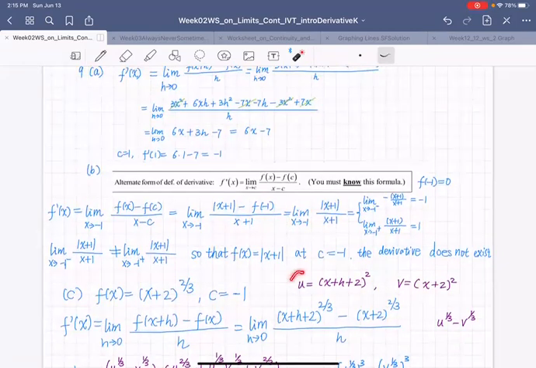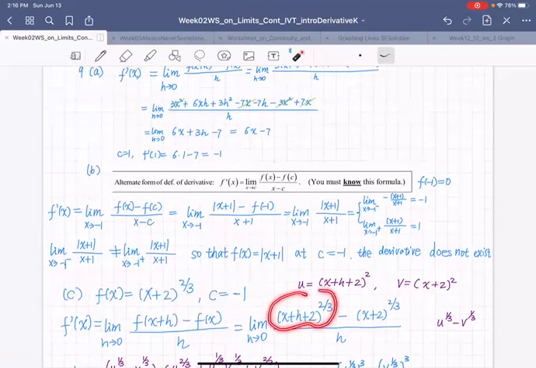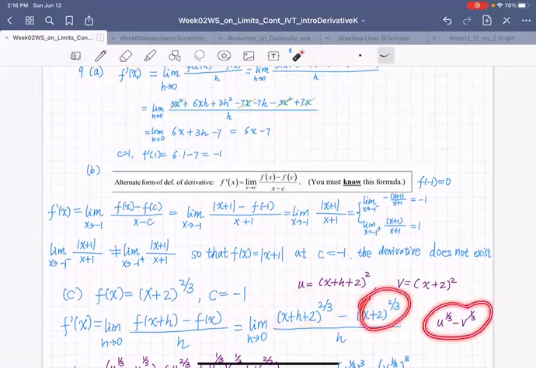I show some hint here. You can use something called U substitution. You can use U to represent this, and V to represent this. If U is (x plus h plus 2) squared, and V is (x plus 2) squared, then this guy is U to the power of 1/3, and this part will be V to the power of 1/3.